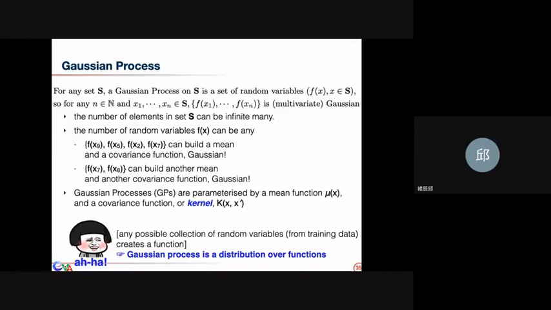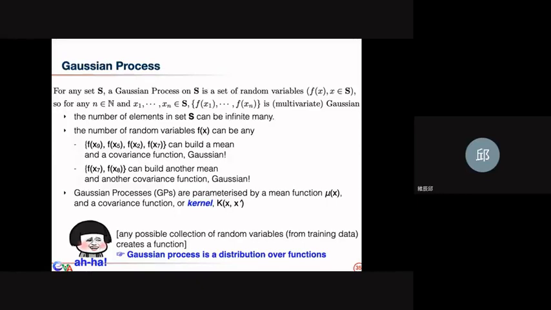This is why the Gaussian process can be used for regression. Because again, the Gaussian process is able to model the similarity between your data points, because the Gaussian process's covariance function is related to kernel.